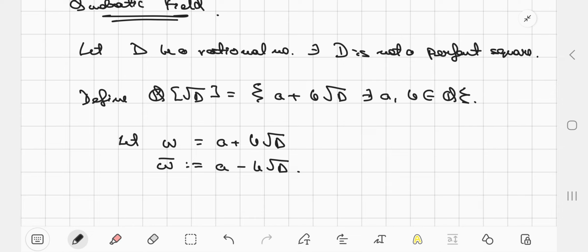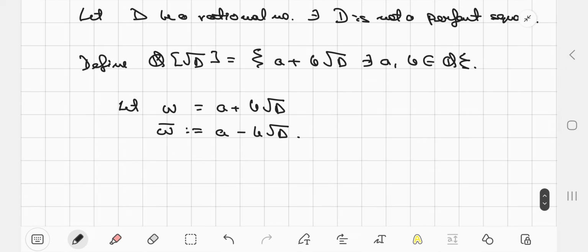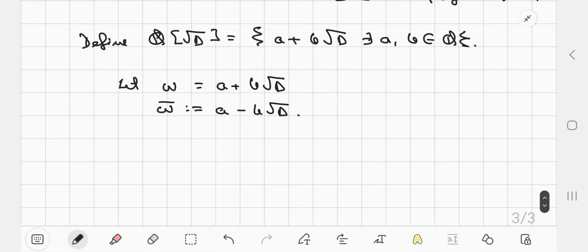Now it's quite obvious that the sum, subtraction or addition of two rational numbers is a rational number. What we try to do is define operations on Q root D as component-wise addition, and the multiplication we consider to be distributive.